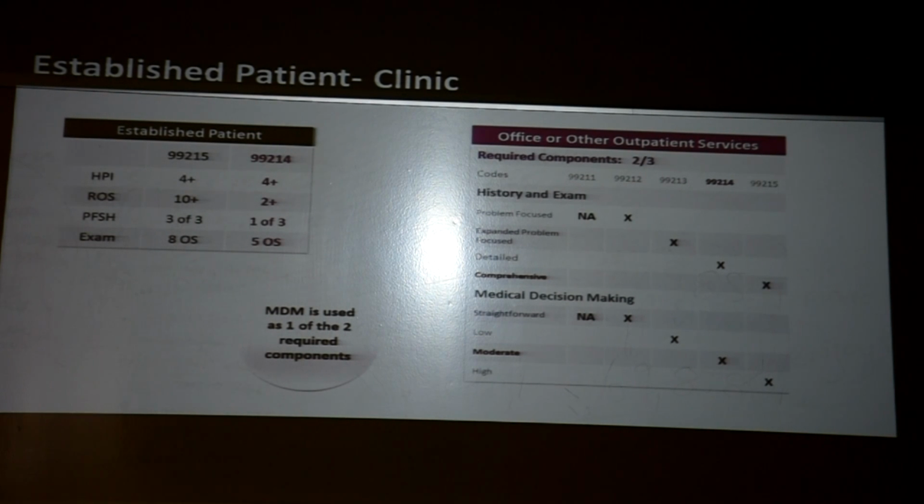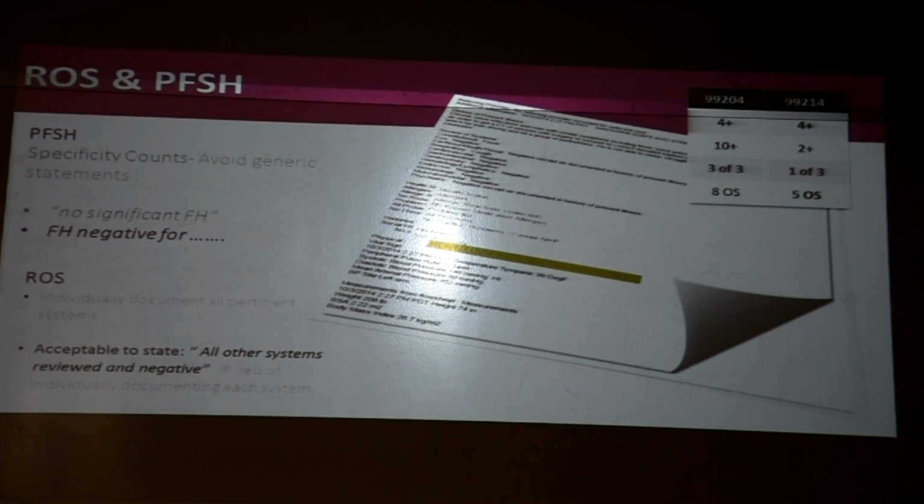You didn't tell us the story. Yet you had a comprehensive history and a comprehensive exam. We're still going to want more of that medical decision making to drive that level of service. That's where the medical necessity comes in. So it's important to discuss and talk about your medical decision making. We'll talk a little bit more about that.